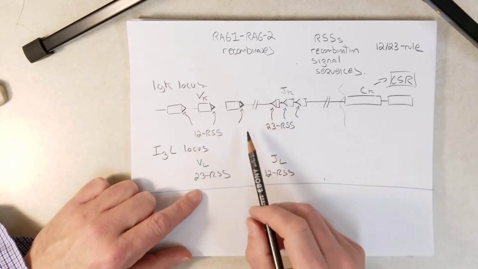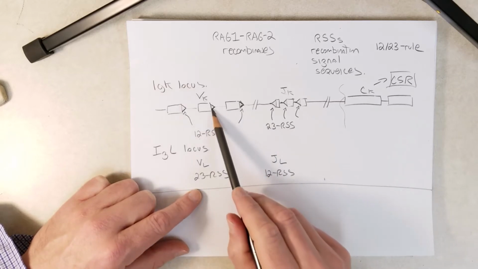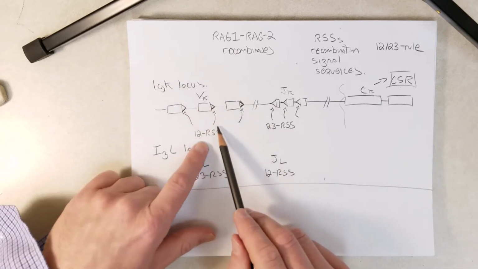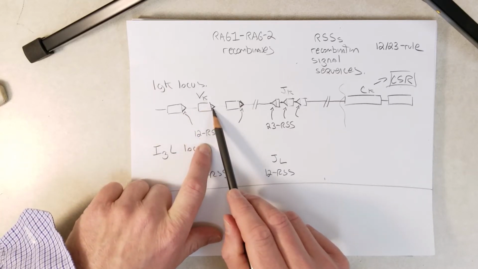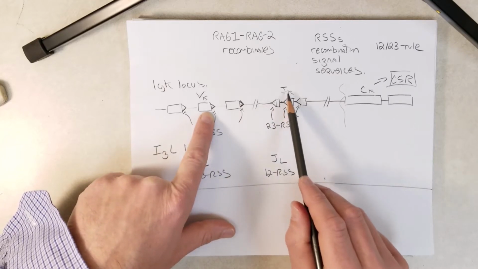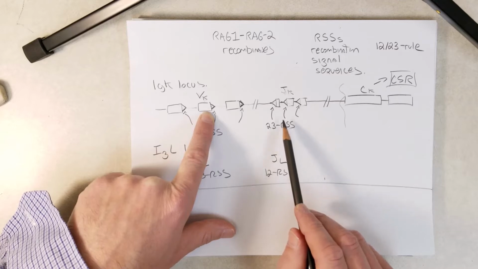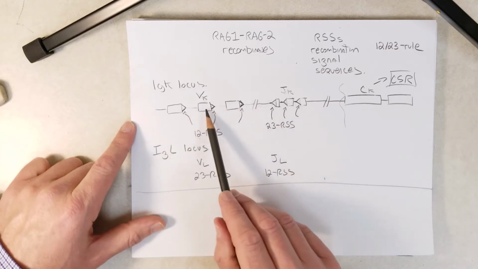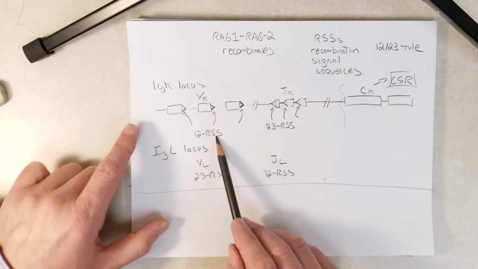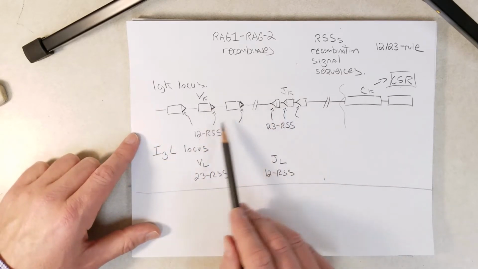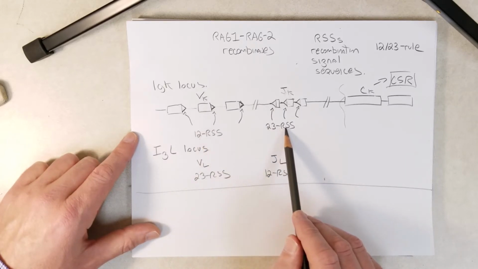So what the RAG1, RAG2 protein complex will do is it will bind one of these V segments at the 12 RSS sequence, and it will bind one of the JK segments at the 23 RSS, and it will rearrange those. So it will fuse one of these segments to one of these based on binding to the RSS sequences. And it can only fuse a 12 RSS to a 23 RSS.